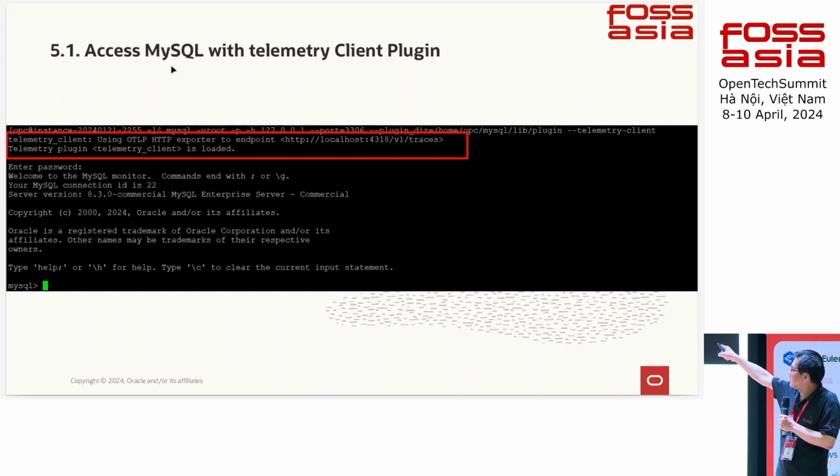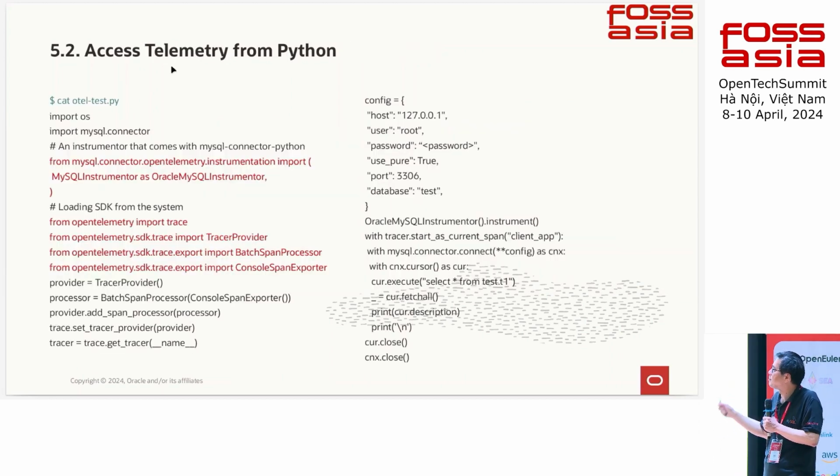Once you access MySQL with the telemetry library, you can see the client shows that it is connected with the telemetry library and there is a telemetry plugin with it.